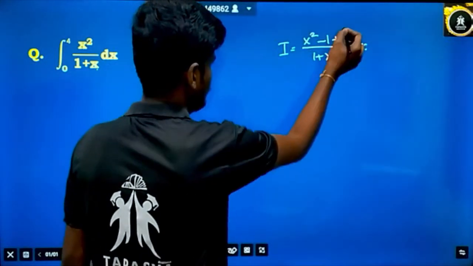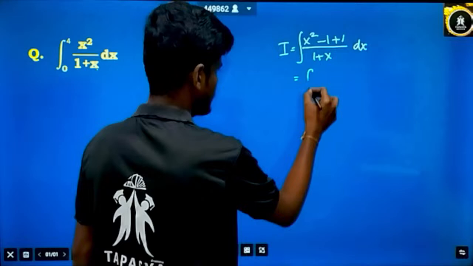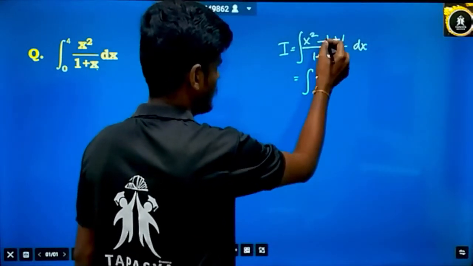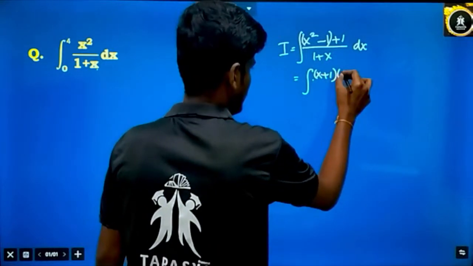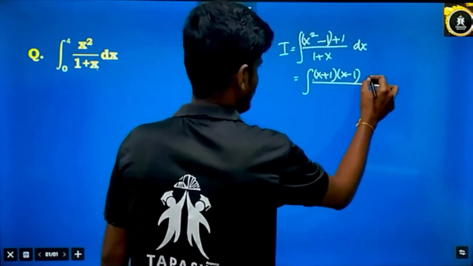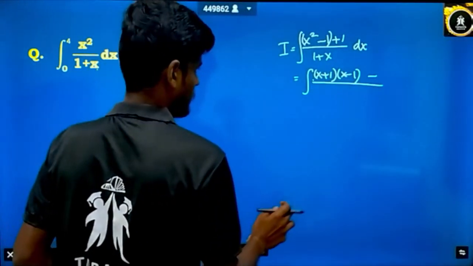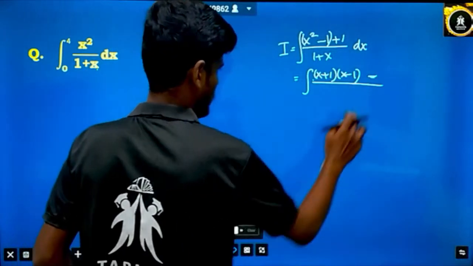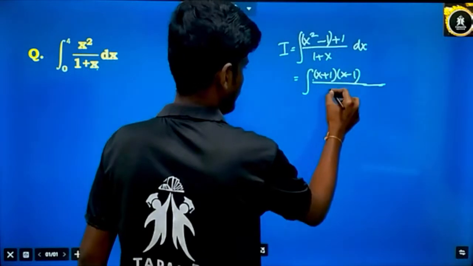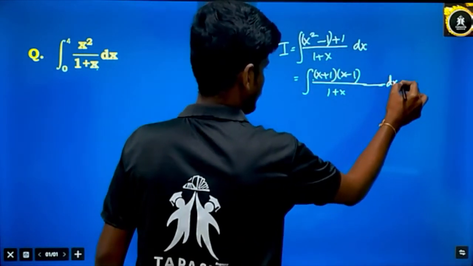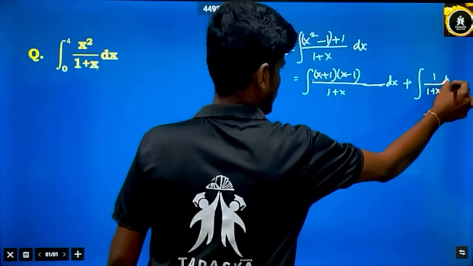Next, what we are going to do? Separate the integral. This is x square minus 1, take it as a separate integral, that is x plus 1 into x minus 1, divided by 1 plus x dx, plus integral of 1 by 1 plus x dx.